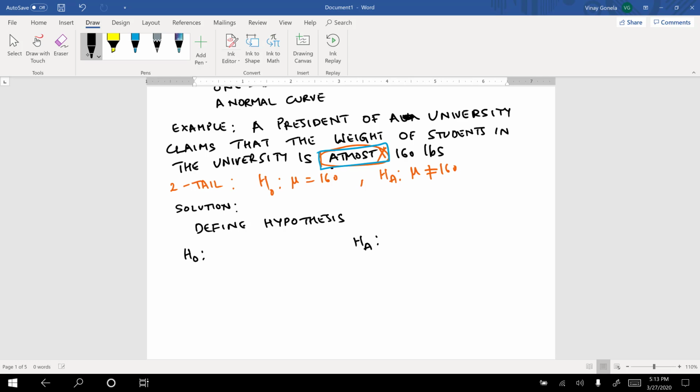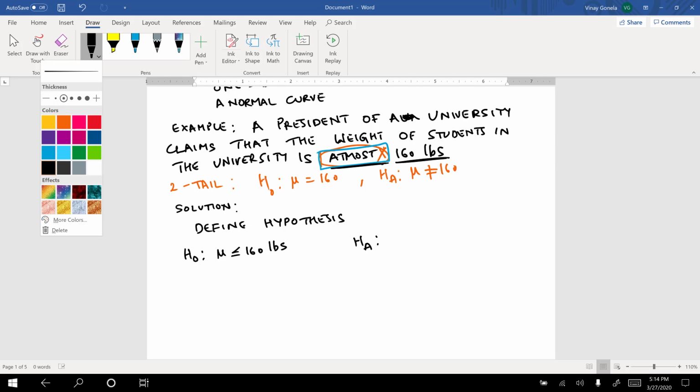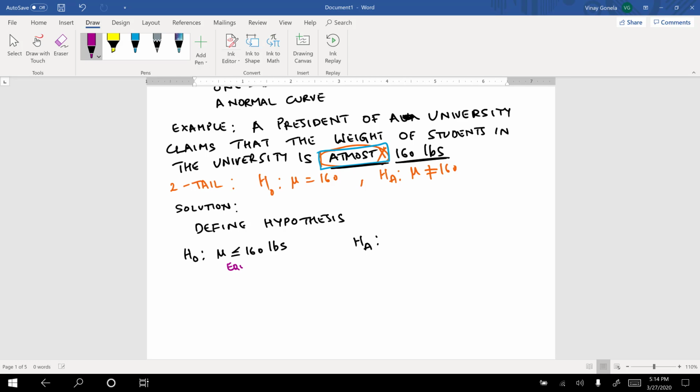The president is claiming at most 160, so mu should be less than or equal to 160 pounds. In my previous lecture I told you that the null hypothesis should always include the equal sign.